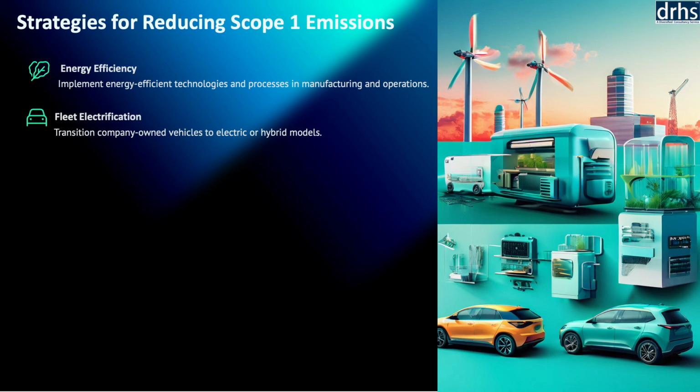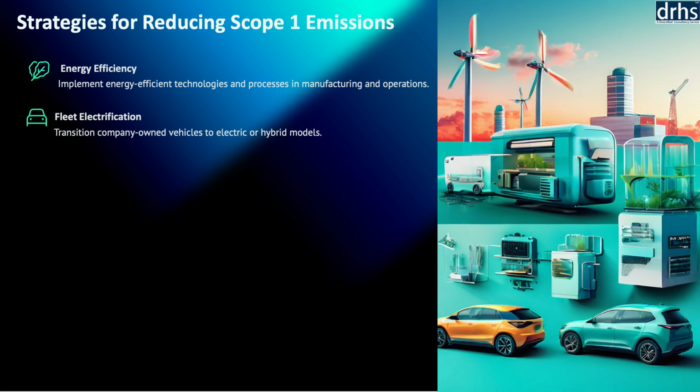The fleet electrification involves replacing internal combustion engine vehicle with electric vehicle. This strategy is particularly effective in reducing emission from mobile combustion sources, which includes company-owned car, trucks and other vehicles. EV produces zero tailpipe emission, directly reducing scope 1 emission.